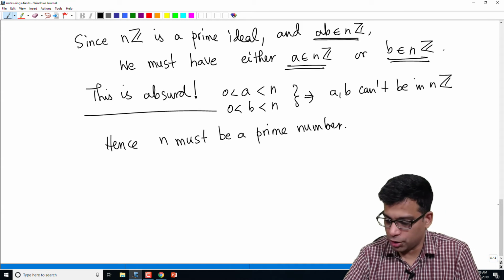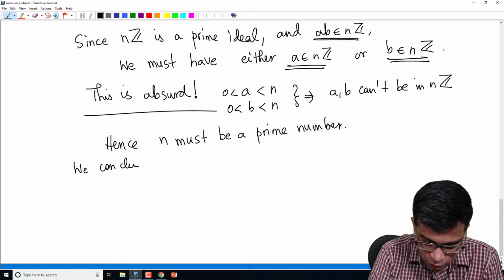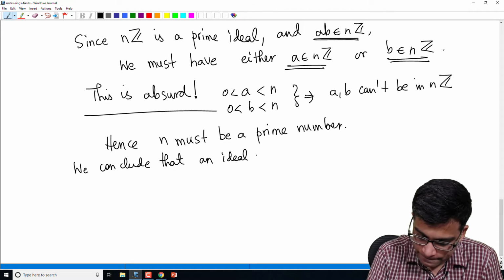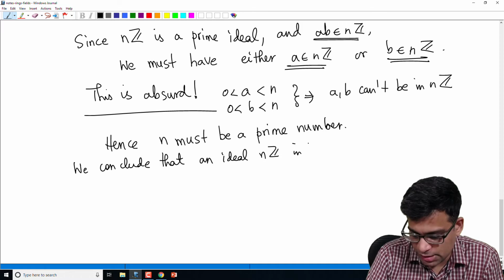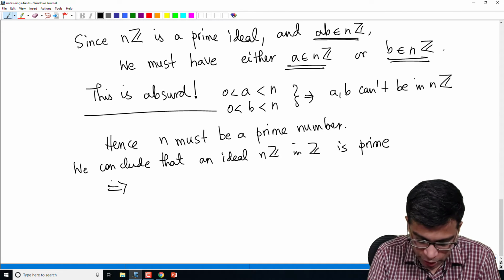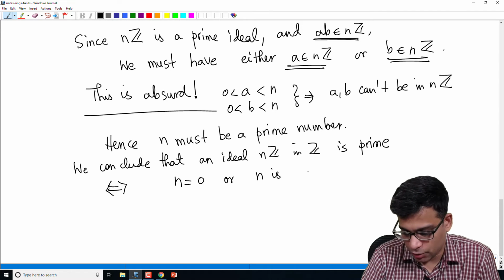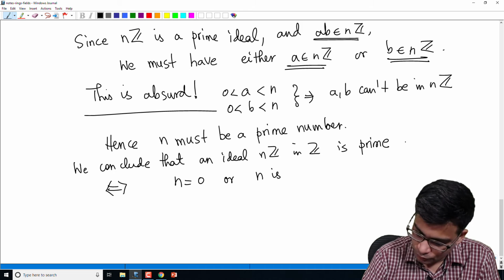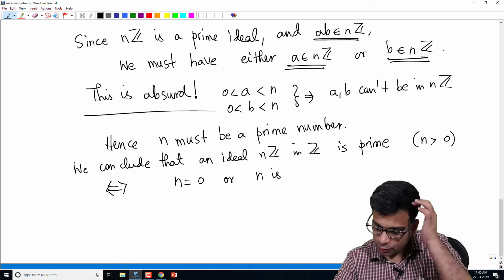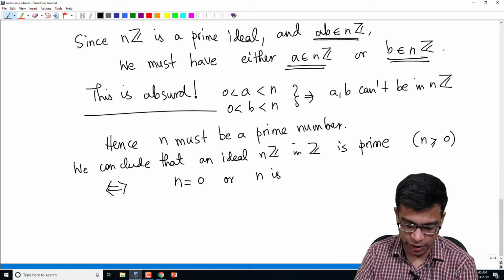So in conclusion, we conclude that an ideal nZ in Z is prime if and only if n is 0 or n is a prime number. Every ideal in Z is written as nZ where n is a non-negative integer.